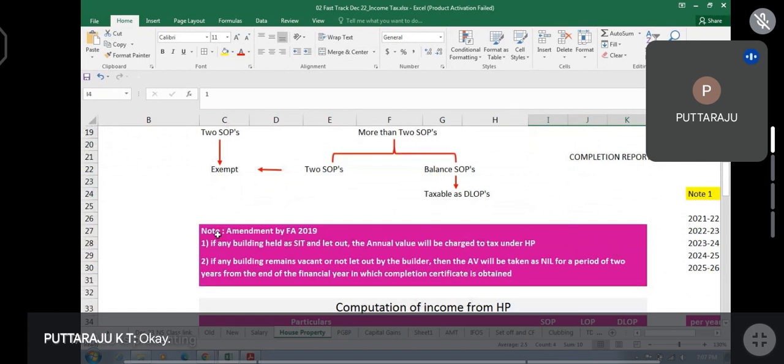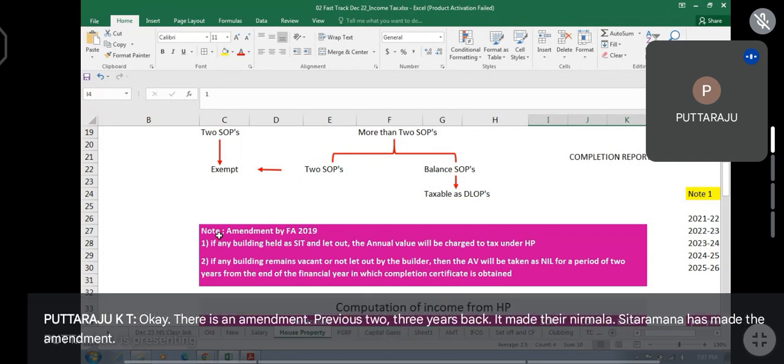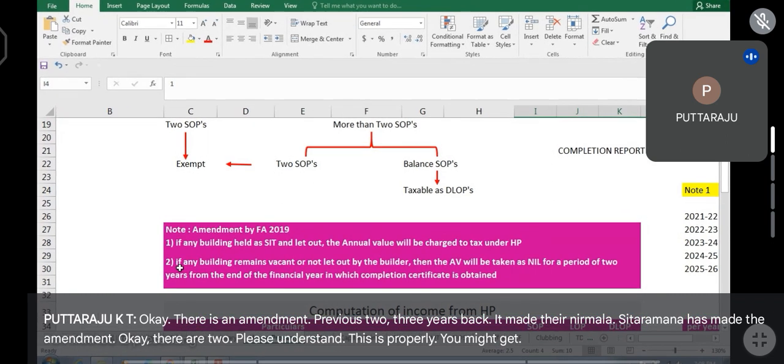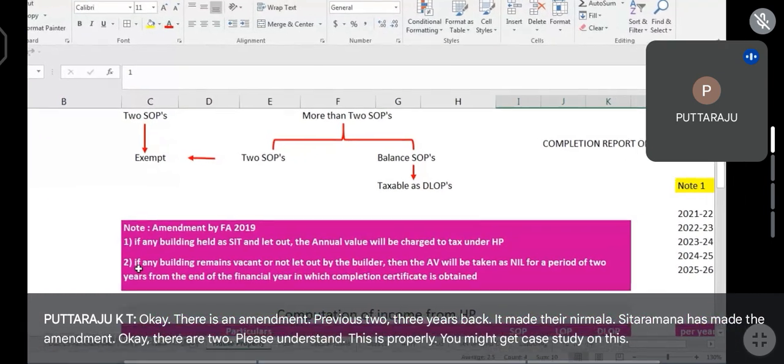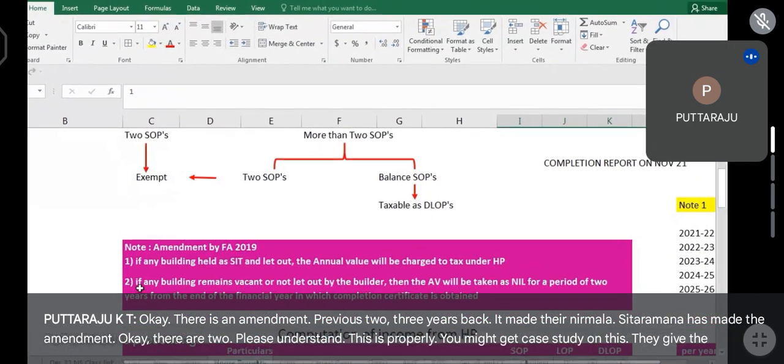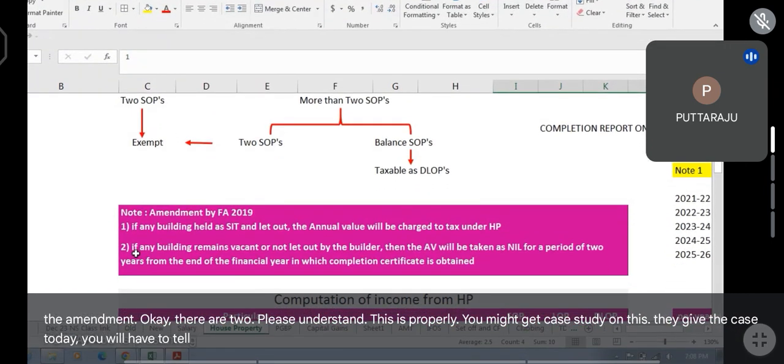There is an amendment. Previously, 2-3 years back, Nirmala Sitharaman or Arun Jaitley made the amendment. Please understand this properly. You might get a case study on this. They give the case study and you will have to tell whether it is taxable under house property or not.